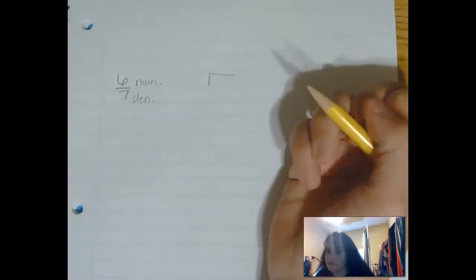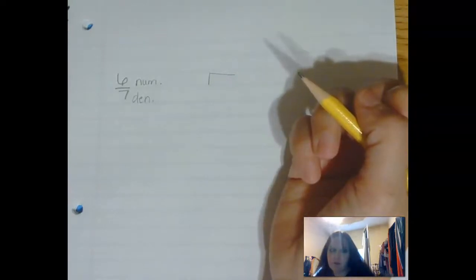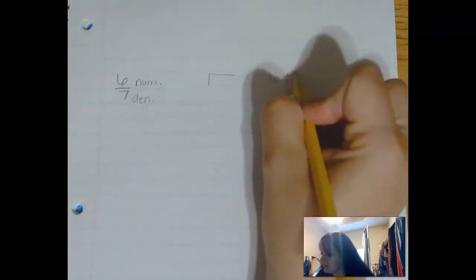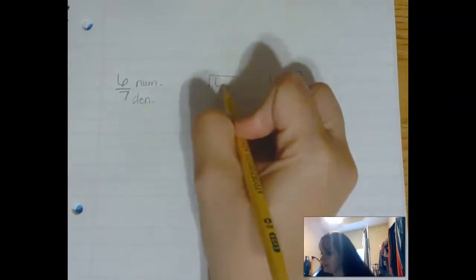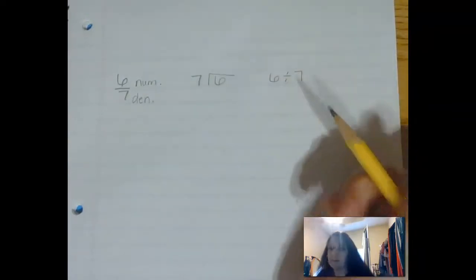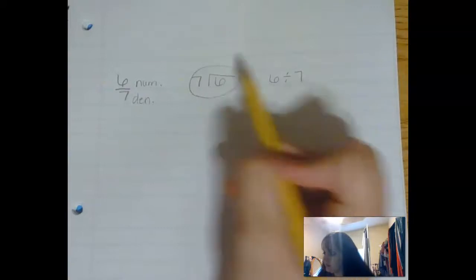There are always three ways to write a division problem. This is one way. I could write 6 divided by 7, and I can write 6 divided by 7. This is the way we turn it into a decimal.